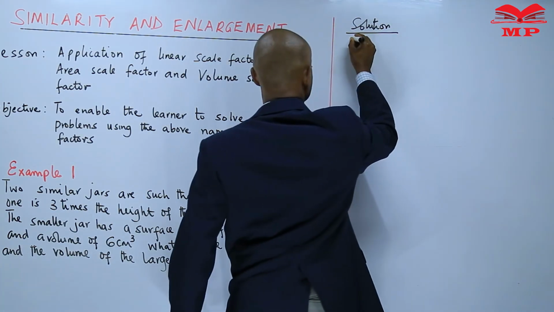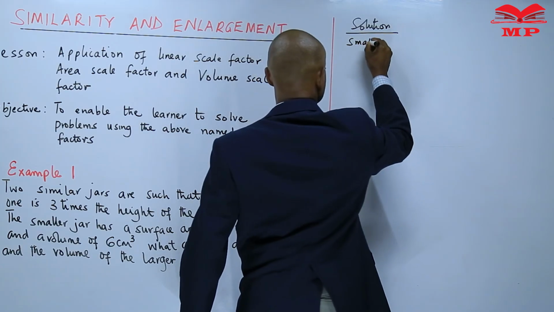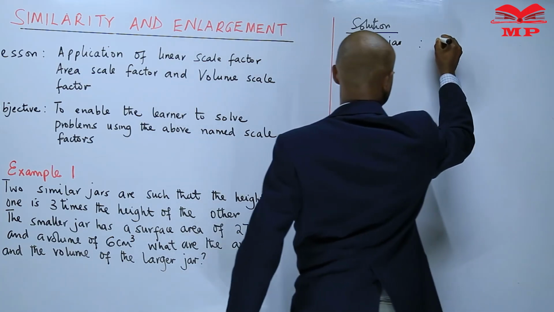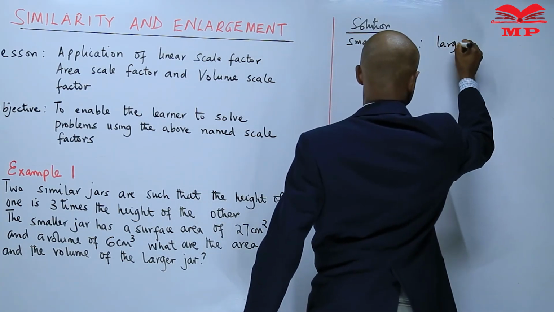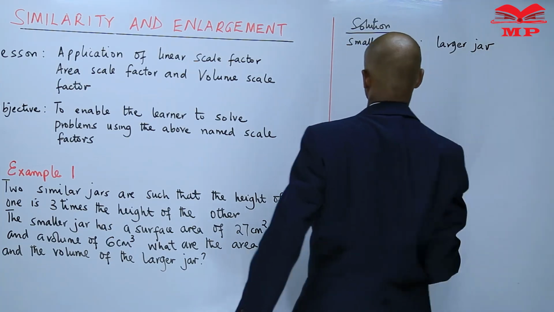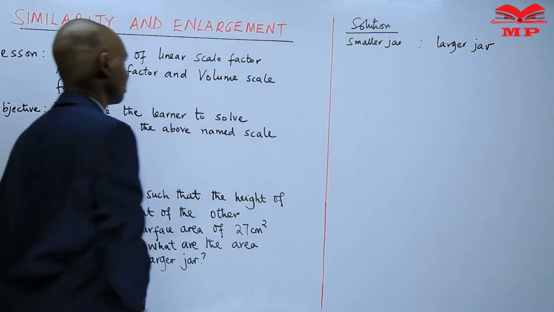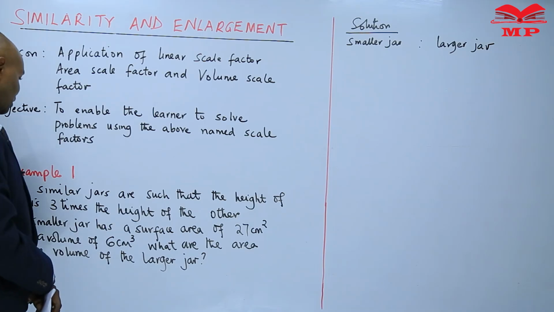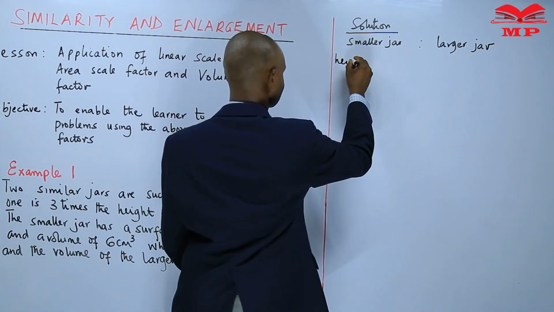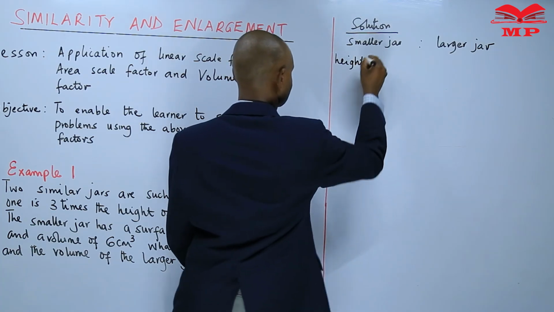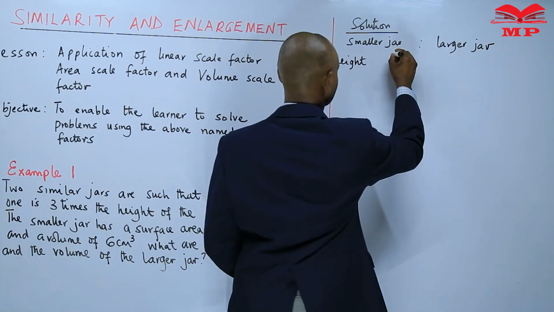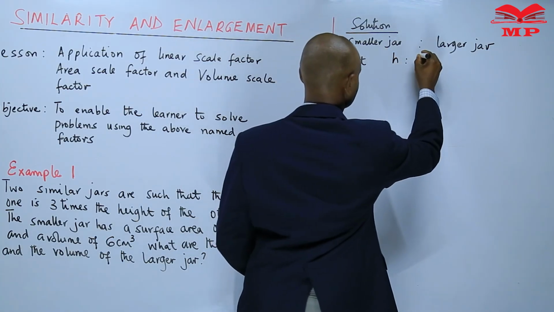We have the smaller jar and the larger jar. There is a relationship given there, the relationship of the height. When you hear of a height, that is a linear scale factor. So the ratio of the heights is h to 3h.